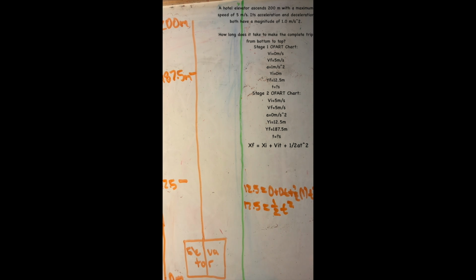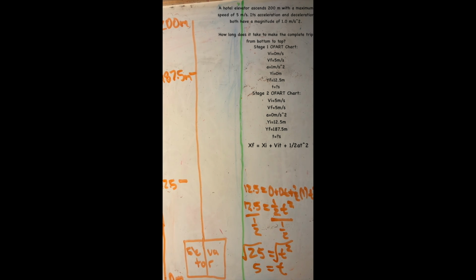So that's a 12, not a 7. Okay, we divide both sides by 1/2, and that will equal 25 equals t squared, and then square root both sides, now that's 5 equals t.